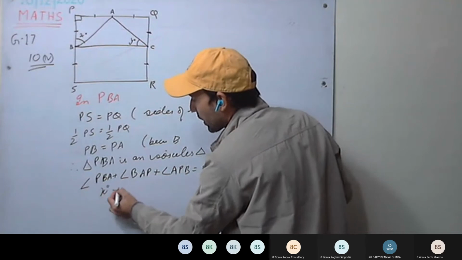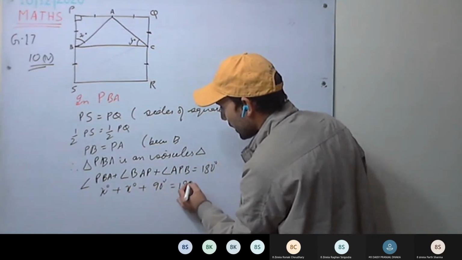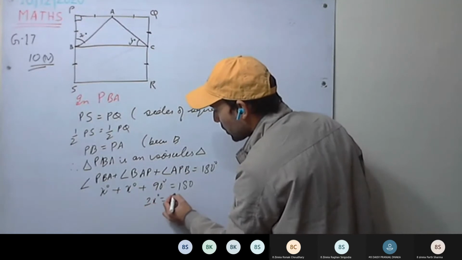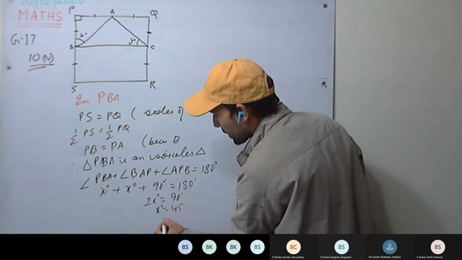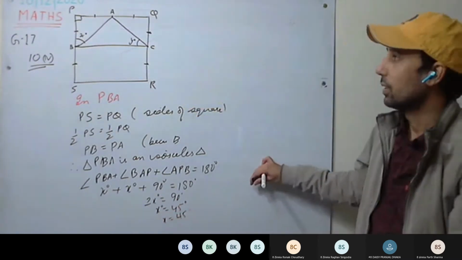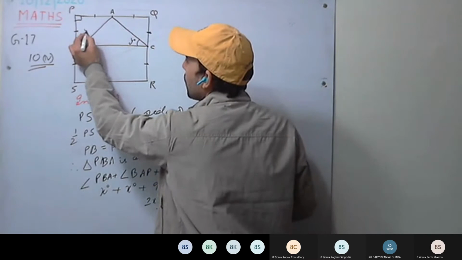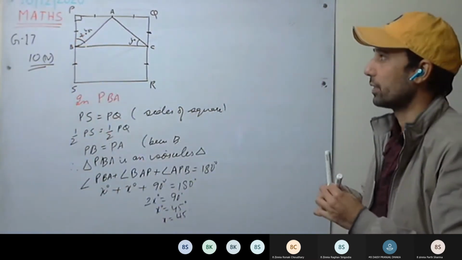This is X degree plus X degree plus 90 degrees equal to 180 degrees. 2X degrees equal to how much? 90 degrees. So X degree is equal to 45 degrees. X equal to 45. Understood? So X is 45 degrees.